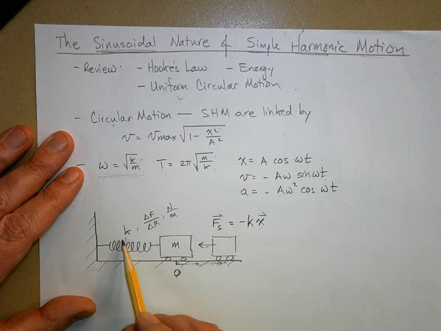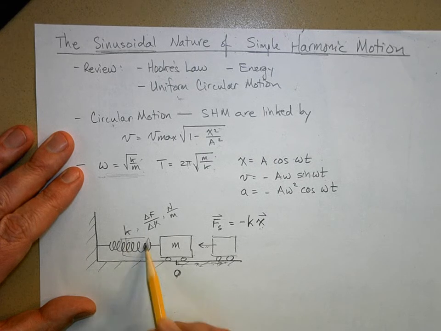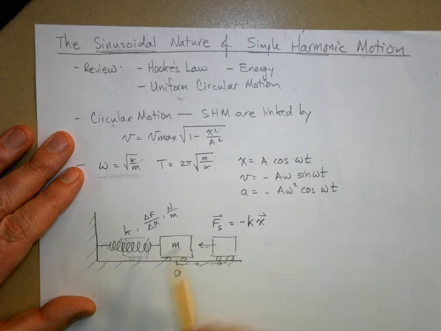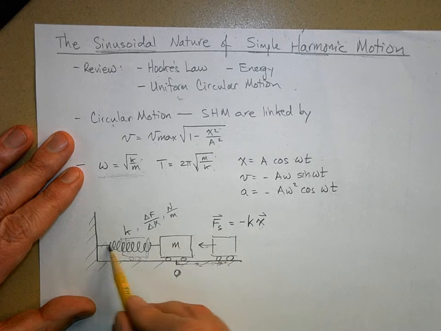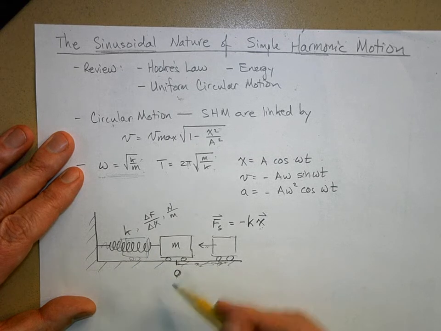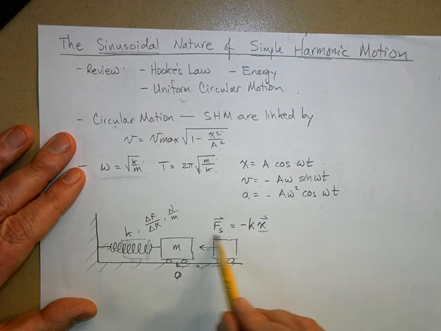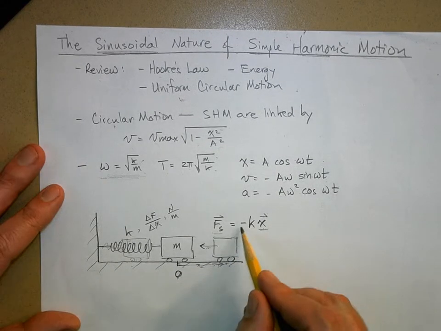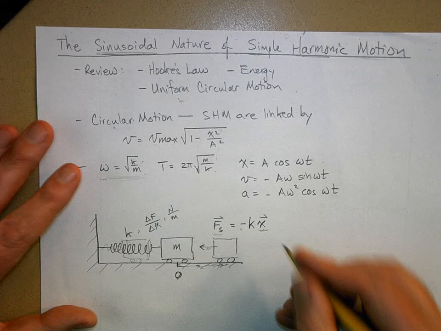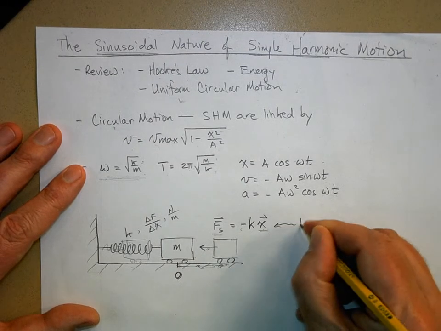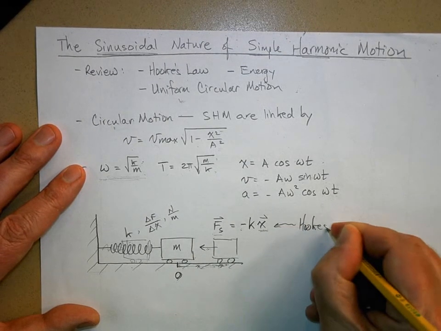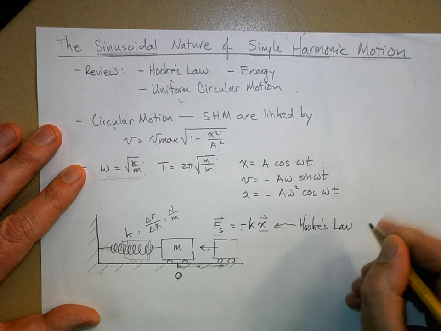If this massive object is over here and the spring is all compressed, the force the spring applies will be to the right, and the displacement will be to the left. So the position and the force are always in opposite directions, and that's what that negative sign means. And this right here is Hooke's law.